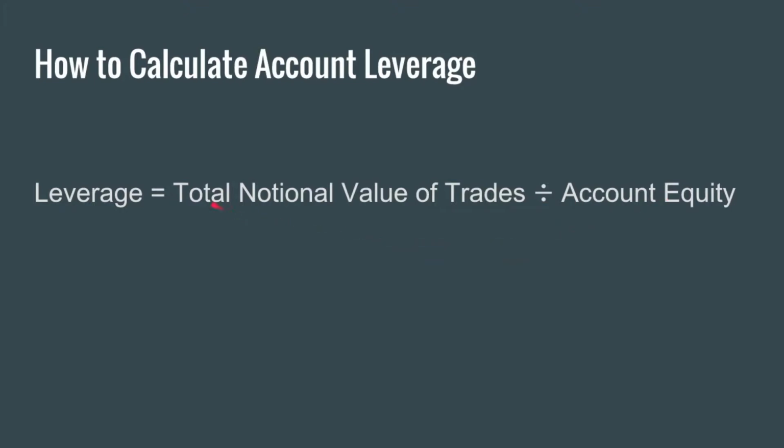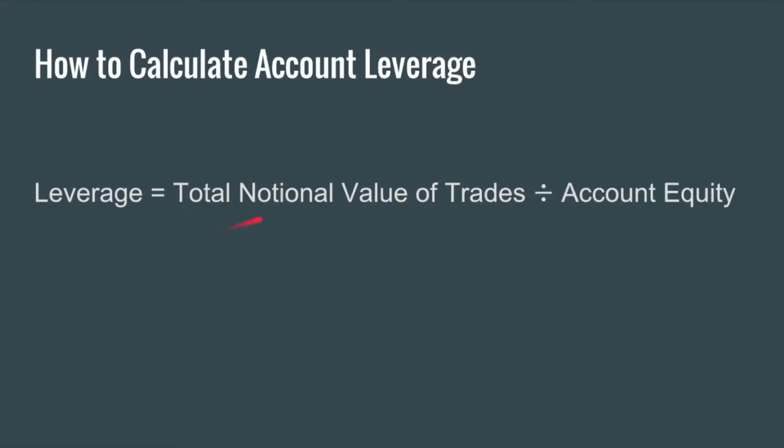Total notional value is simply, if you buy 10,000 units of EUR/USD, and let's say the pair is trading at 1.1, hypothetically, you'll get your notional value by multiplying those 10,000 units by 1.1.